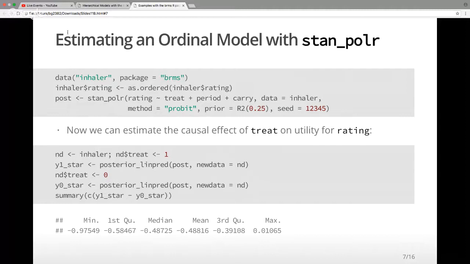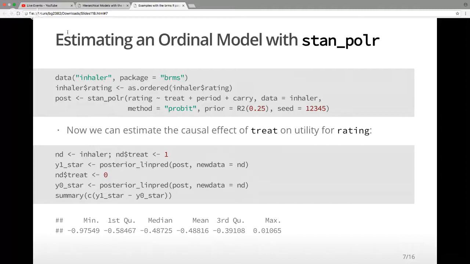Now, this might seem a little bit unsatisfying to you because it's in units of utility, and how are you going to really explain that? Unfortunately, you don't have a whole lot of good choices here. There's a paper by Don Rubin and some of his colleagues a few years ago showing that under his potential outcomes framework for causal inference, there's really no average treatment effect that can legitimately be calculated on the observed outcomes or on the space of outcomes because those are not really metric variables.